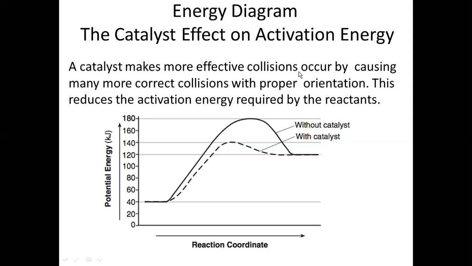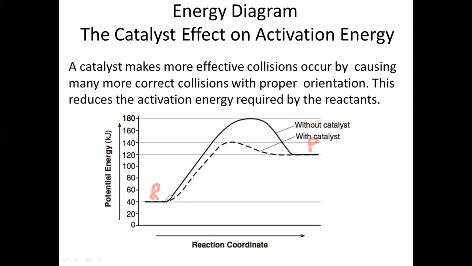So here we go. Here we're looking at an energy diagram. By the way, it looks to me like this energy diagram is endothermic because the products, I'm going to label it P, products, have more energy in them than the reactants. So energy had to be stored to make that happen.